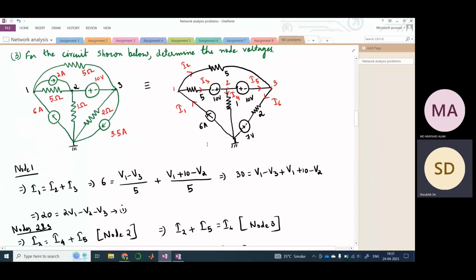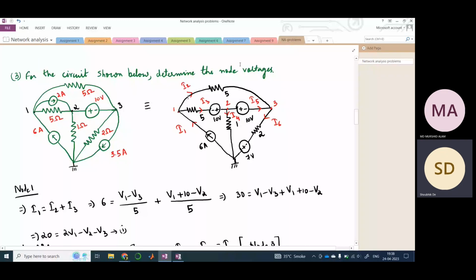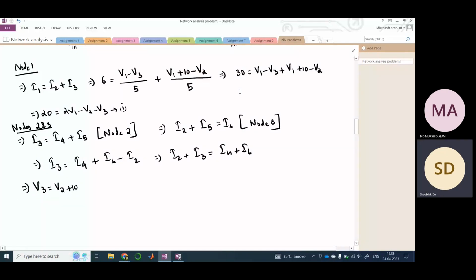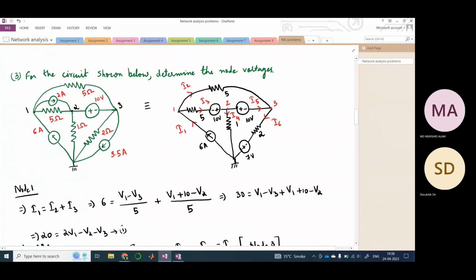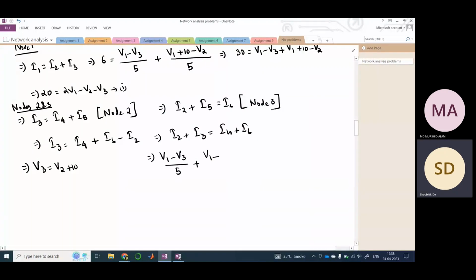So what is the KCL now? We will utilize the KCL to see how these things are related. What is I2? I2 is V1 minus V3 by 5, right? And I3 is V1 plus 10 minus V2 by 5, and this is equal to I4.